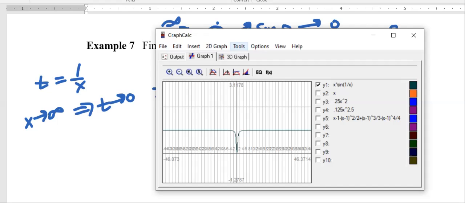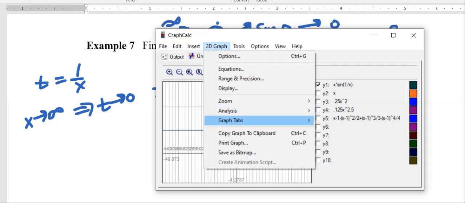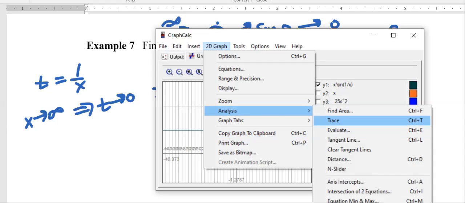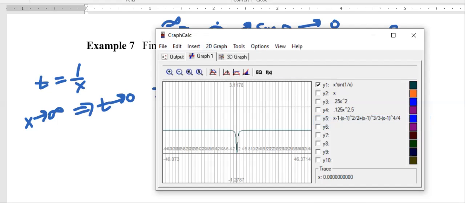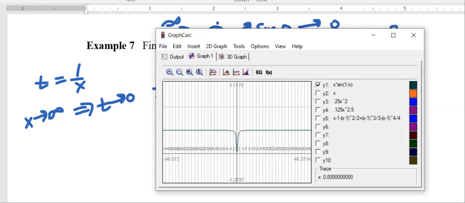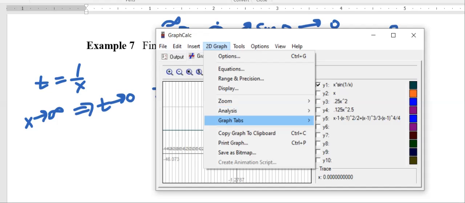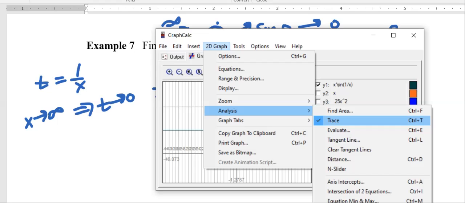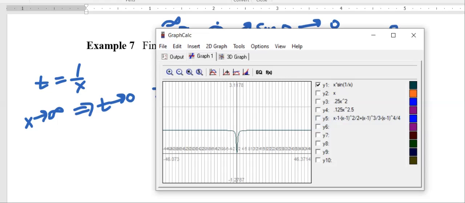If we trace that, is there a trace here? There it is. Let's just put x equal to 30. Oops, lost that. I want to do my trace. So let's see what happens here.